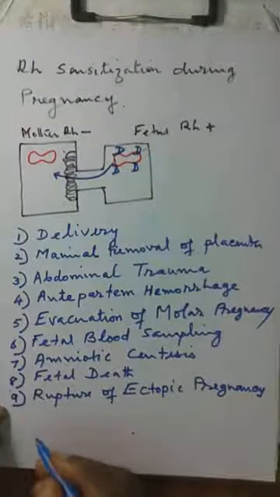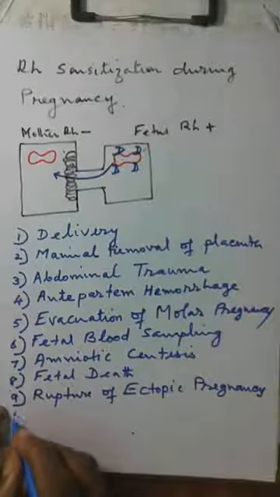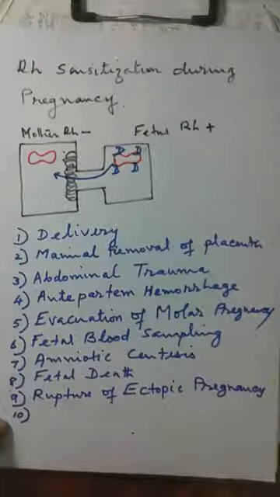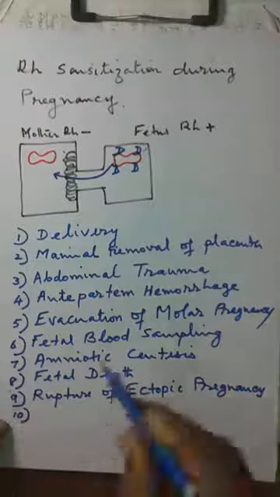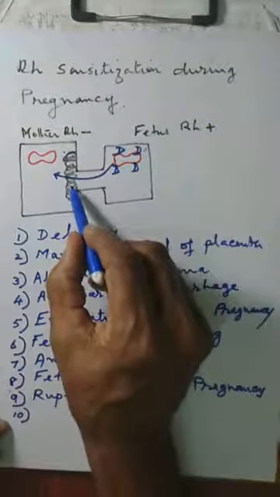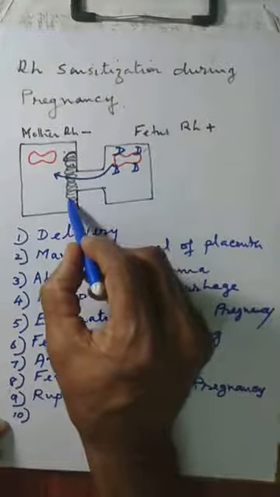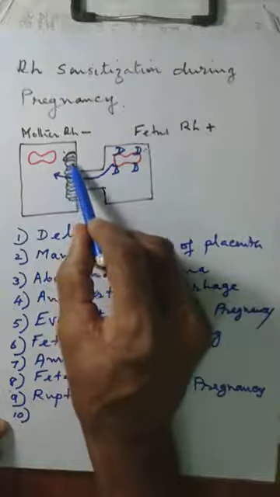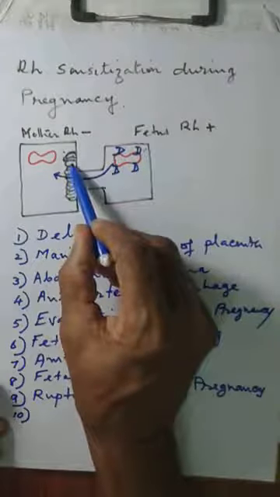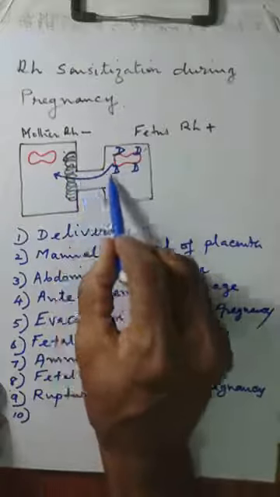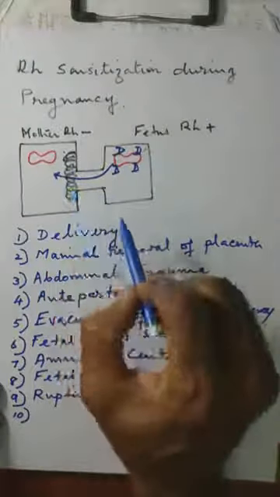What is the next event whereby sensitization can happen? That is, in the placenta, there are small villi, the singular is villus, through which the diffusion of oxygen and other nutrients is happening.